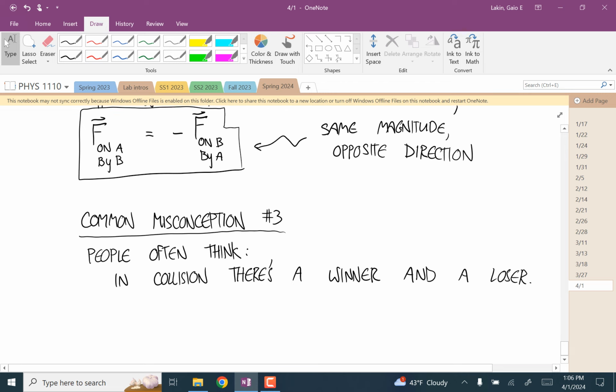And the winner of this collision, you can imagine it being a truck and a little car or a baseball and a bat or anything like that. Then what most people picture is that the winner applies a larger force to the loser than vice versa. It makes sense, you know, I mean, it feels right.